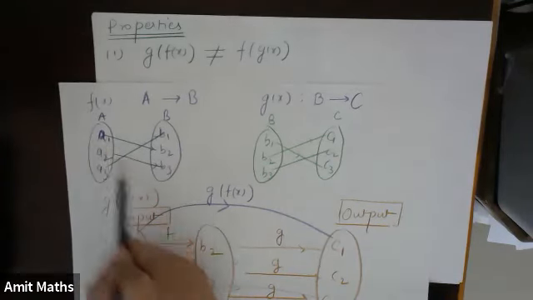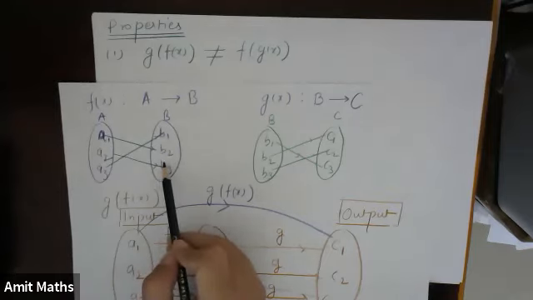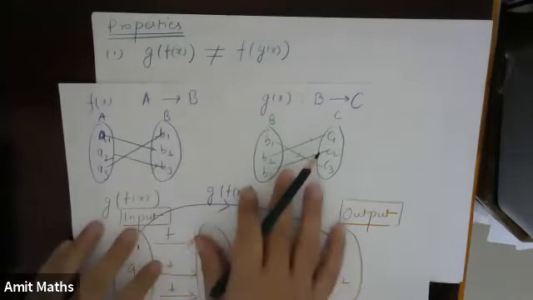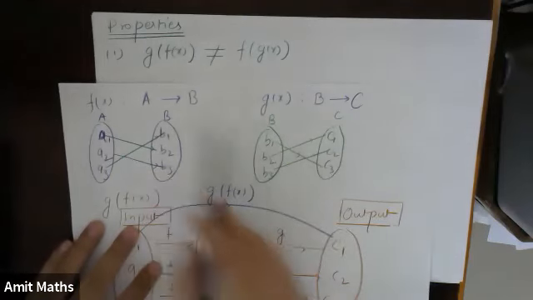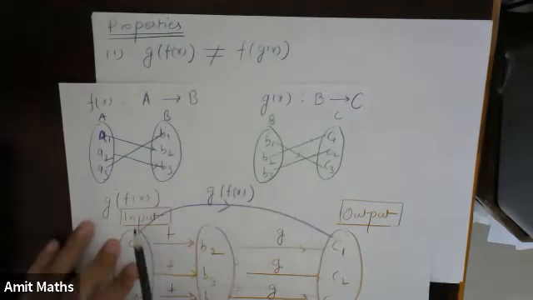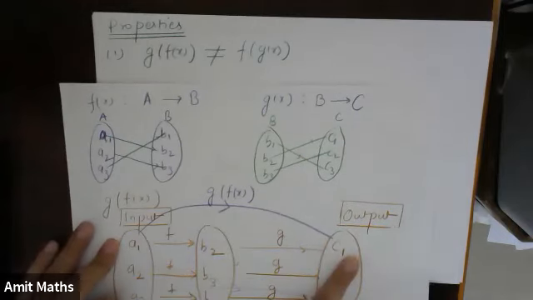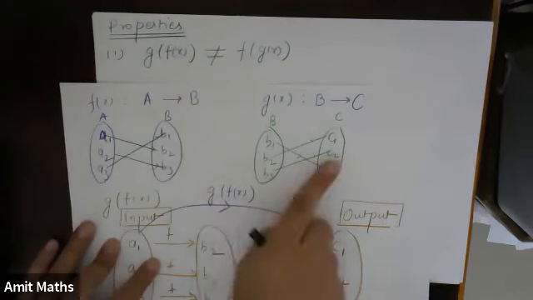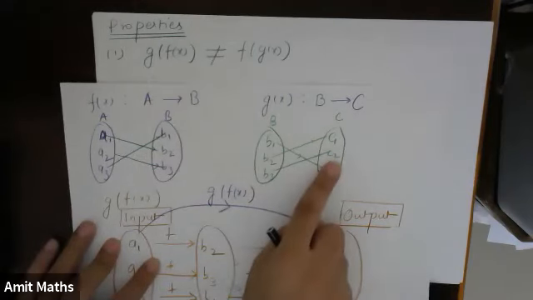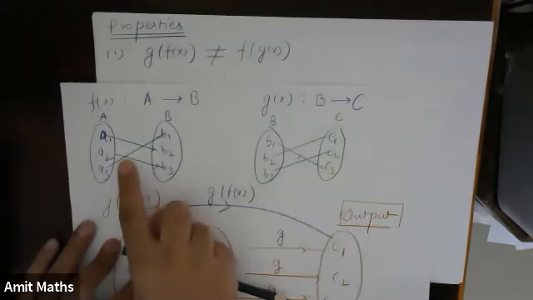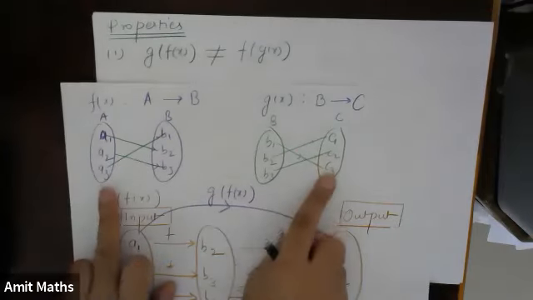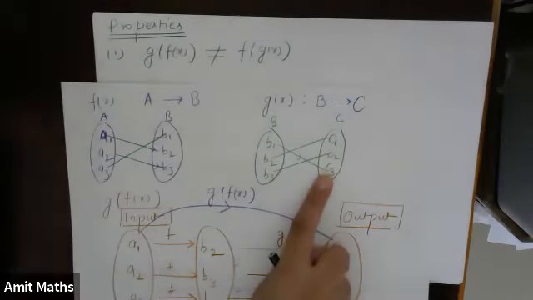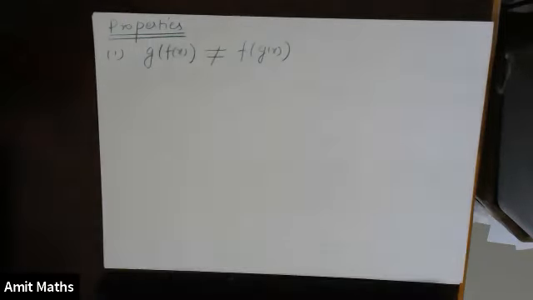So c3 will not have any image in B. In this case g(f(x)) will give us some output, but f(g(x)) might not give us any output, because the range here is C and the domain there is A, and these two might not always be the same. Understood?